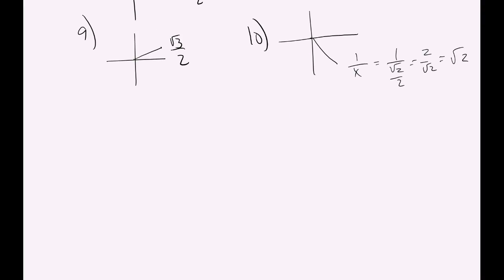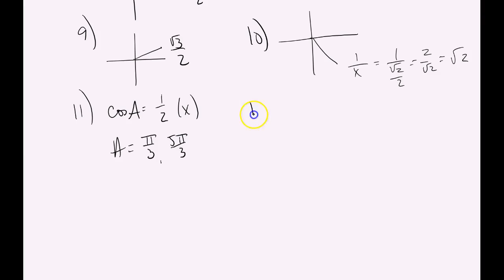All right, number 11, find each angle measure in radians. So the cosine of something is 1/2. So you're looking for any place on the unit circle where the x coordinate is 1/2, okay? So where is the x coordinate 1/2? Well, that happens at pi over 3 and then directly under it at 5 pi over 3.